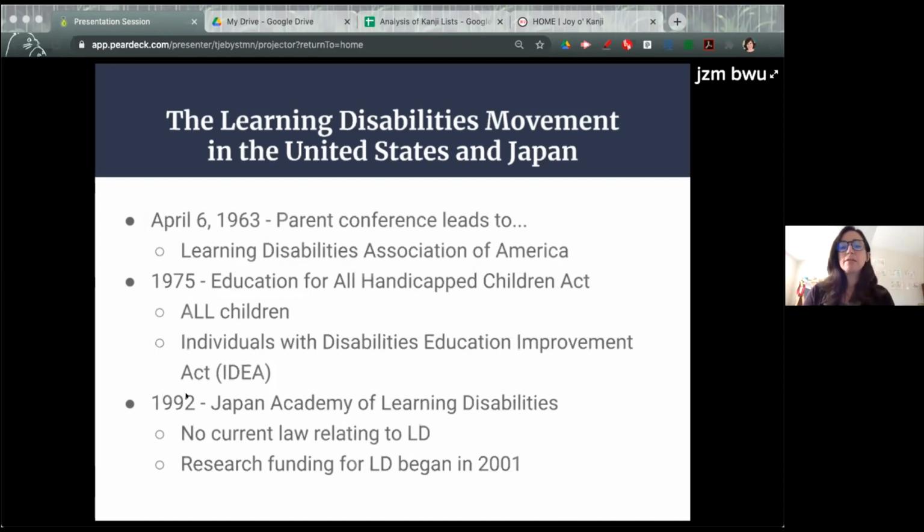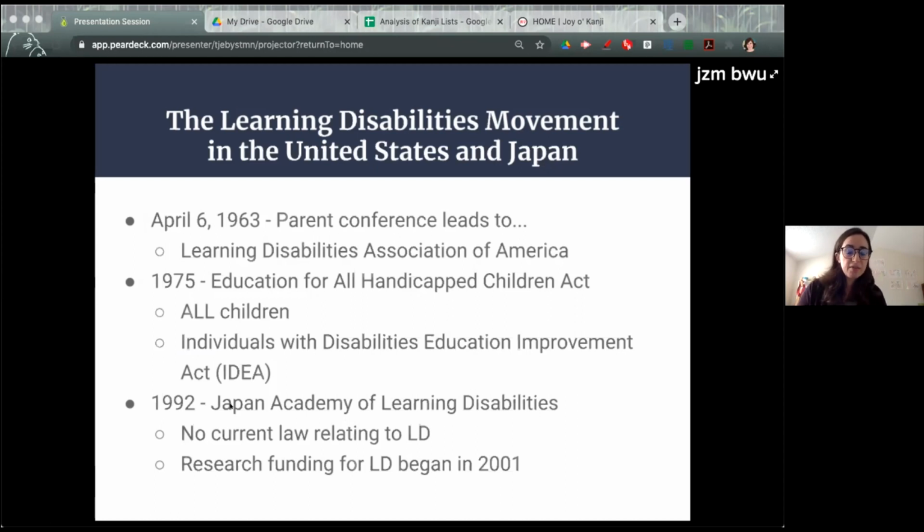Soon after that conference, the organization that's now called the Learning Disabilities Association of America was formed by the participants. They took their cues from the American Civil Rights Movement and worked hard to improve access, resources, and the legal rights of their students to receive support within schools.